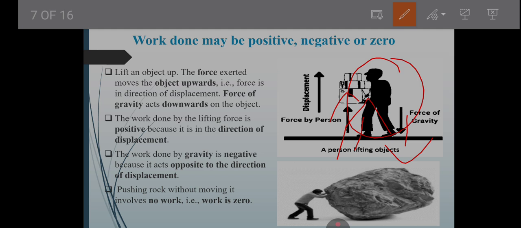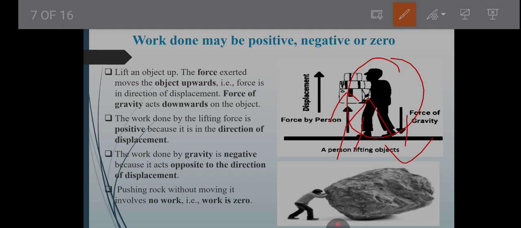He lifts from bottom to upside, and the object is also displaced from bottom to upside. Why is work positive here? The applied force and the object displacement are both in the same direction. That is why we take it as positive work.